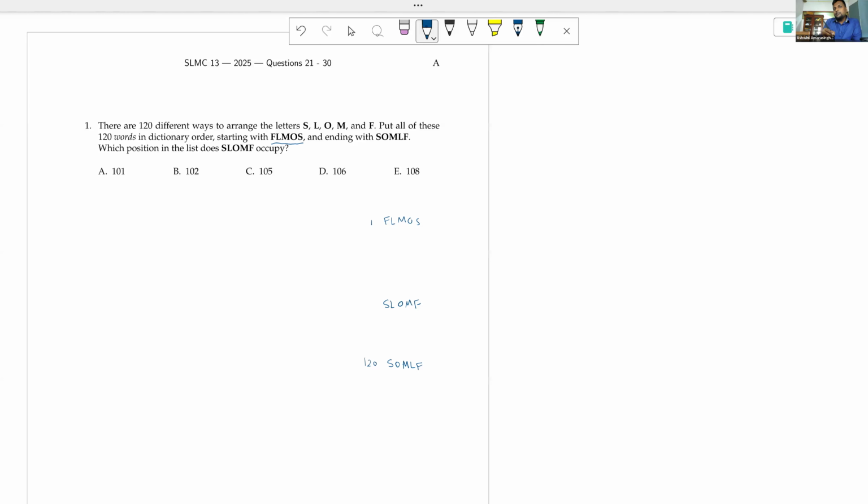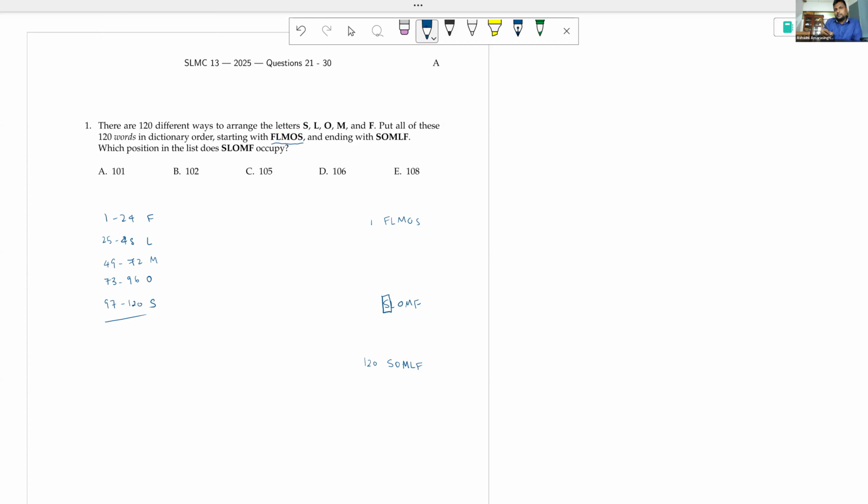I think you'll have to think, okay, so when there's 120 ways of doing it, out of 120, the first 24 will start with F, and then the second 24 will start with L, then the next 24 will start with M, the next 24 will start with O, and then the final 97 to 120 will start with S. Because my word starts with S, it should be between 97 to 120.